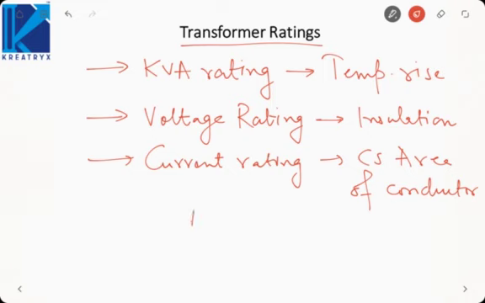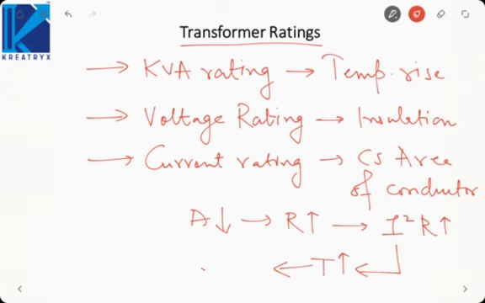If you reduce the area, then the resistance of the conductor increases. Then I square R losses will also increase, due to which temperature will also increase and the conductor may melt.